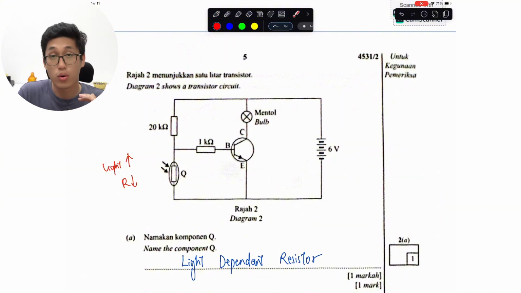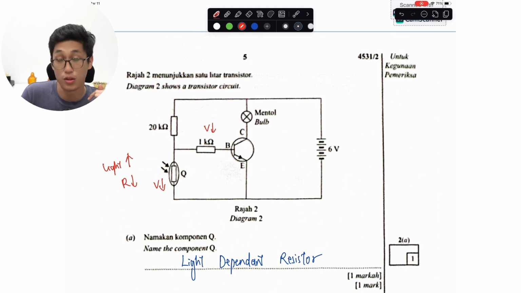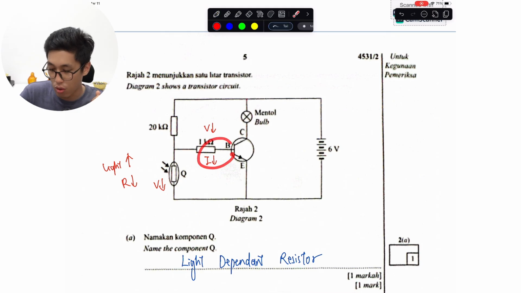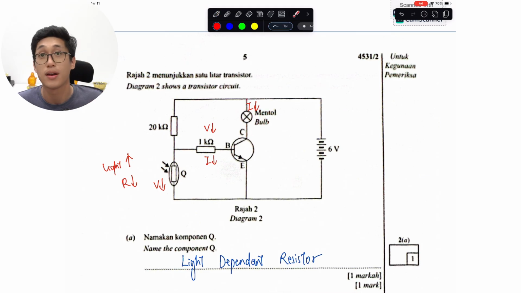Now, if he has lower resistance, he gets less voltage, because the other one now has higher resistance when you compare the two of them. So this guy has lower voltage, which means the base voltage copies him, low voltage also. So now the base current is also low. If your voltage is low, your current is low also. If the base current is low, the collector current will also be low. Then the light bulb doesn't turn on.